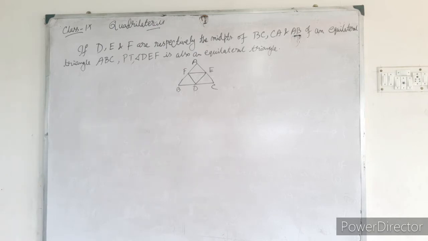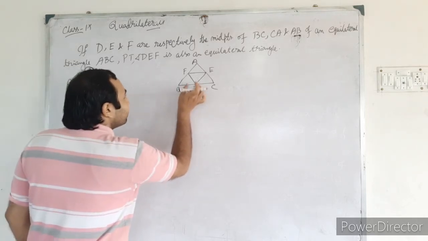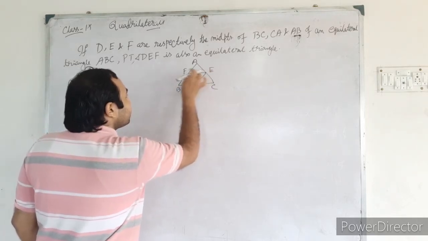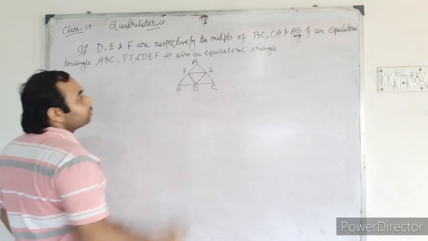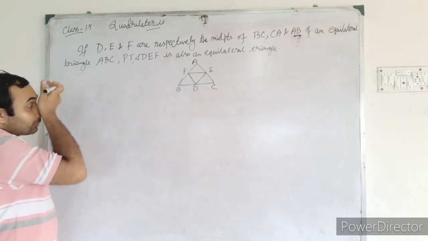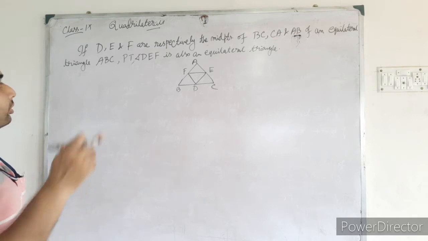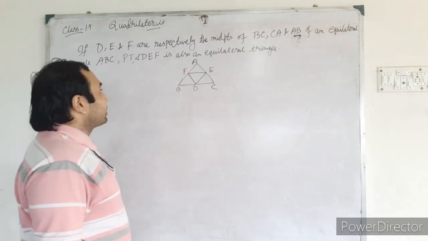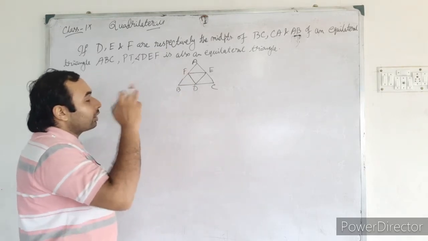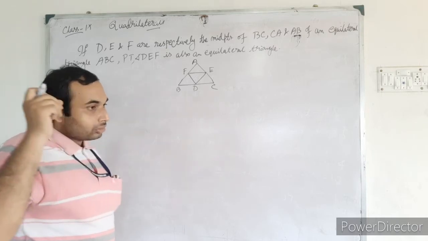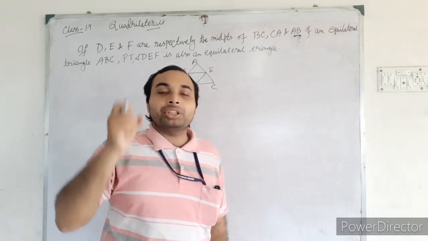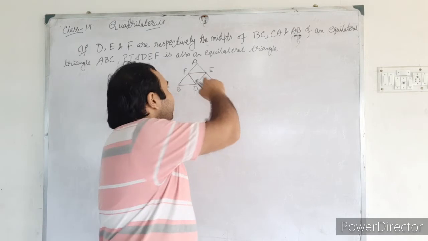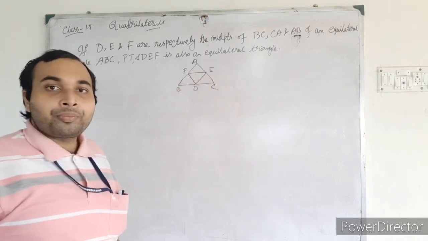So first of all, just see, this EF is parallel to BC, and also E and F are the midpoints of the corresponding two sides. So according to the midpoint theorem, directly we can say that EF is half of BC.